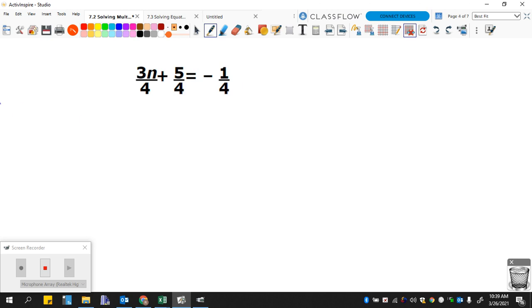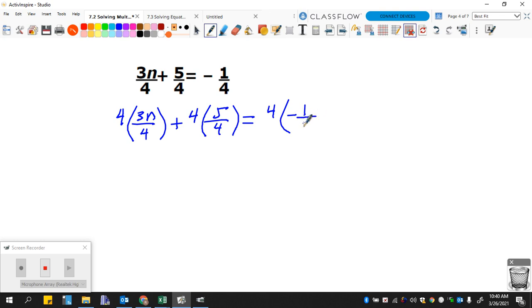So here, this is easy because the denominator is 4 on all three of the terms. So the easy thing to do here is we're going to say 4 times each of the terms. So 4 times 3n divided by 4 plus 4 times 5 over 4 is equal to 4 times negative 1/4. Notice that I multiplied 4 times each one.